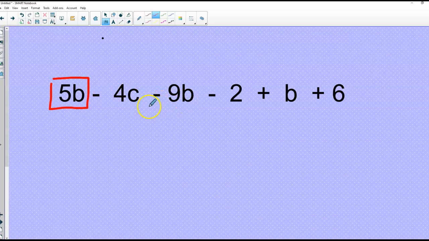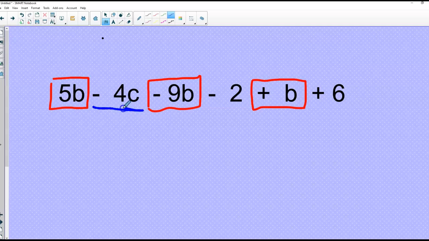I see another b, a negative 9b, so I put another square, including the sign to the left, and I see one more here, just a plain b with no coefficient in front of it, sorry. Okay, so let's look at the c's. I see a negative 4c, and I don't see a match anywhere, so it looks like this one's by itself. But I can circle some constants that are like terms: minus 2 and then plus 6.